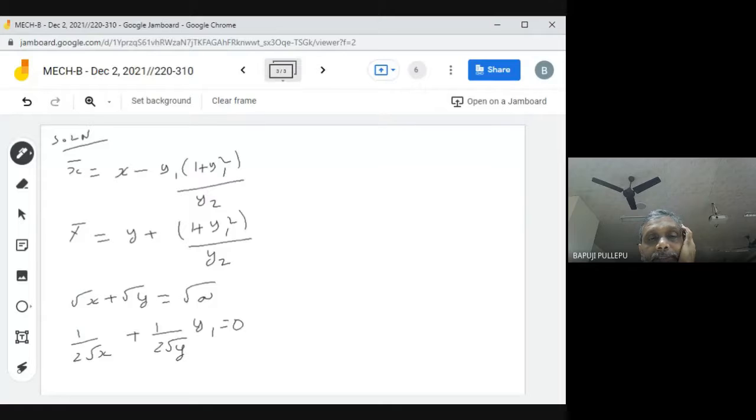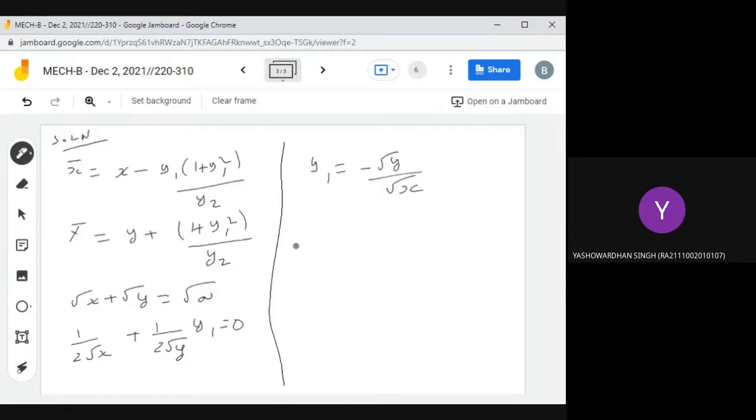From this, what is y1? y1 is equal to minus root y by root x. Agree? Any doubt? Yes, sir.